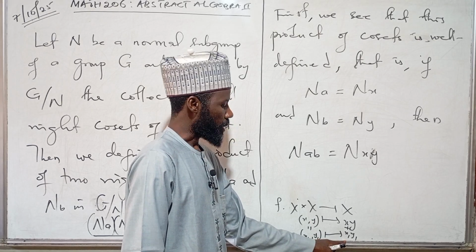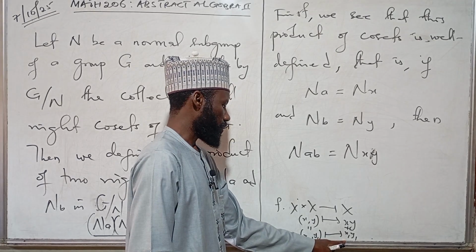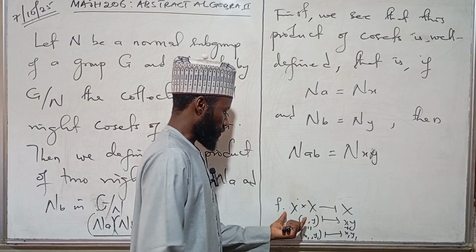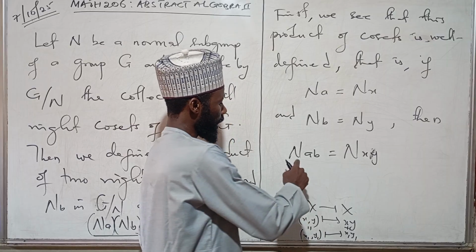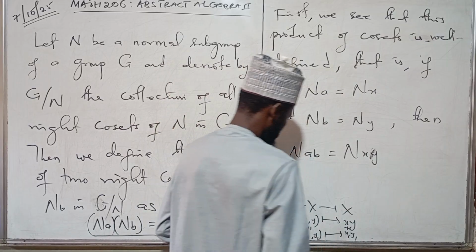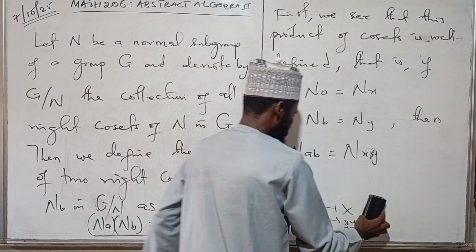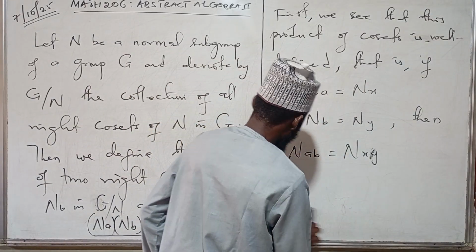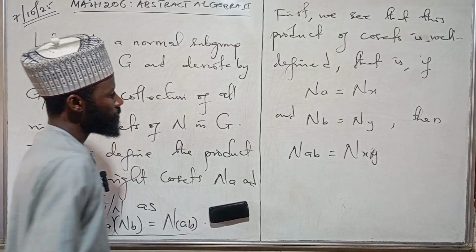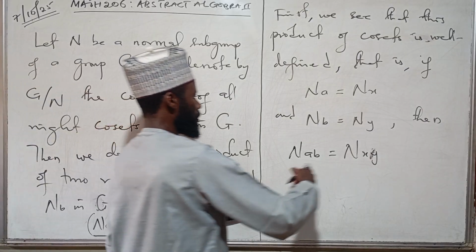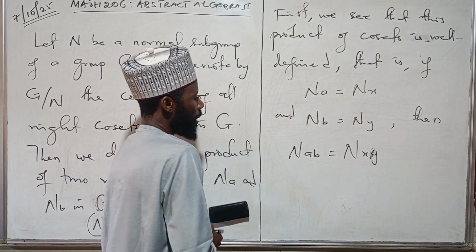So the mapping will not be well defined, and it will not be considered a function. For the binary operation to be well defined, we must have this be true. But that is true already, simply because we are dealing with a normal subgroup.